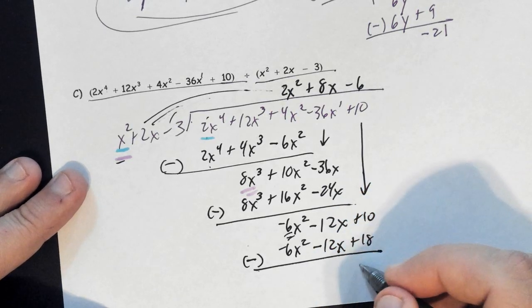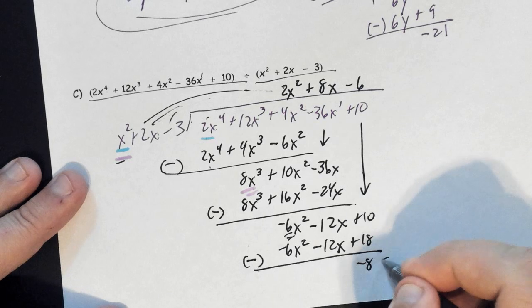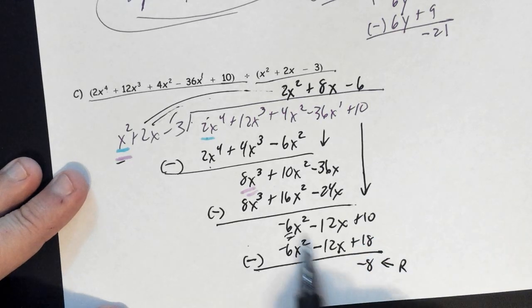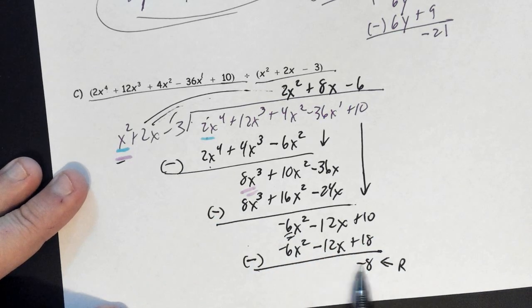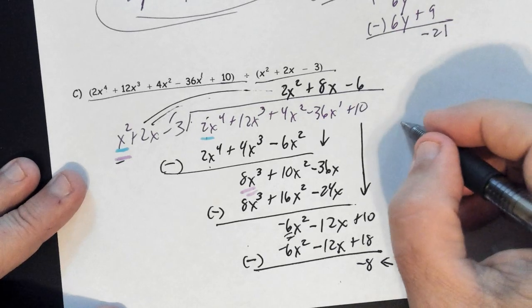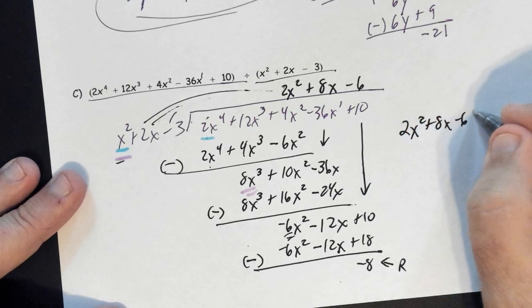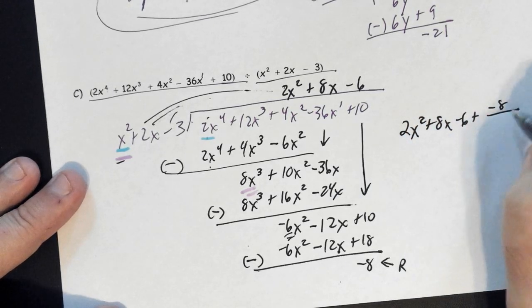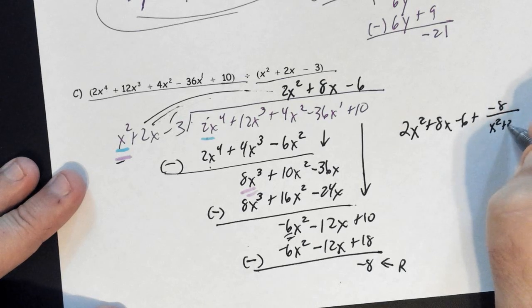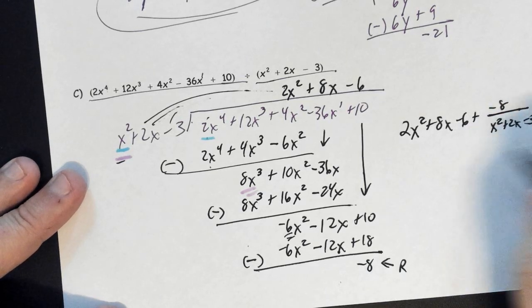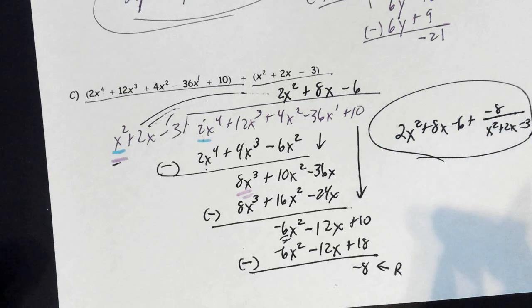And then 10 minus 18 will be negative 8, which is now my remainder. Now, when I divide by a trinomial, I might get a binomial as my remainder, and that is fine. So we write our answer, 2x squared plus 8x minus 6 plus negative 8 over your divisor, x squared plus 2x minus 3. And we get our long division.